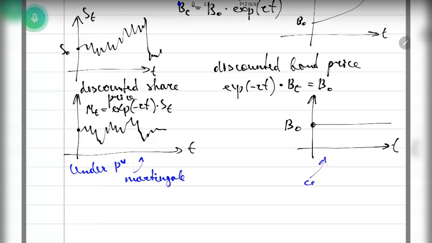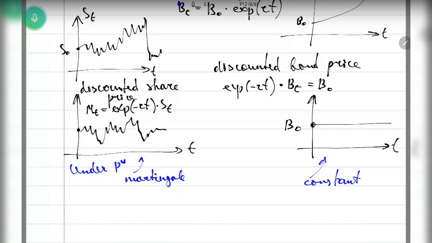And that's a constant, and with a constant, that's easy. When you change the probability measure, if you have something that is constant and non-random, you may change the probability measure in any way you like, but it will still be constant and non-random.